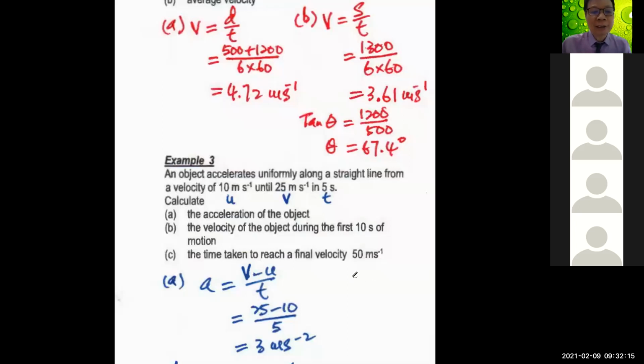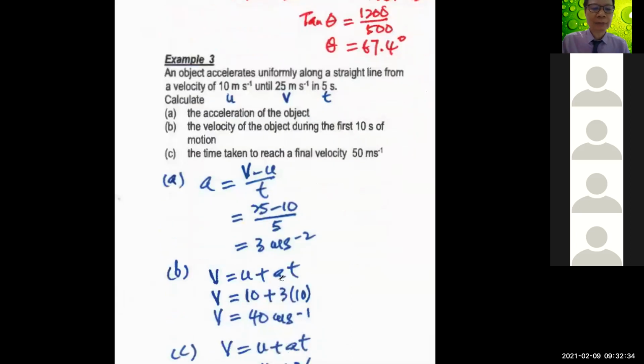Next, velocity of object at the 10th second. Okay, the meaning of this question means you are asked to find the velocity when the time is 10 seconds. When the time reaches 10 seconds already, what is the velocity? Okay, so I make it fast now. Use this formula. Actually, this formula comes from here, it is the same formula.